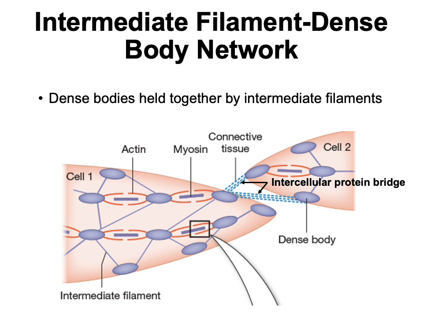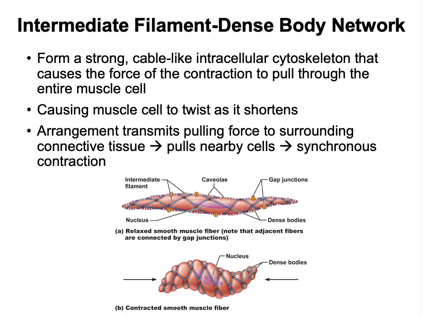If you look at this diagram, you'll see where it shows the connective tissue also attaching the dense bodies from one cell to another. And that is a key feature in allowing the smooth muscle to contract as one unit. This intermediate filament dense body network forms a strong cable-like intracellular cytoskeleton that causes the force of the contraction to pull through the entire muscle cell, causing the muscle cell to twist as it's shortened, making it look like a little scrunched up worm.